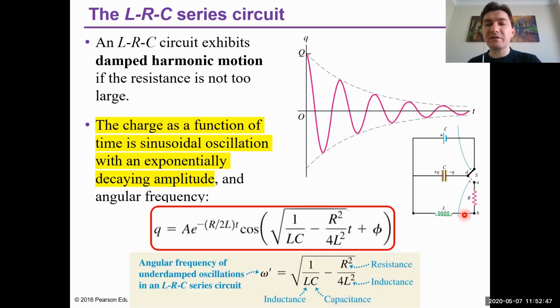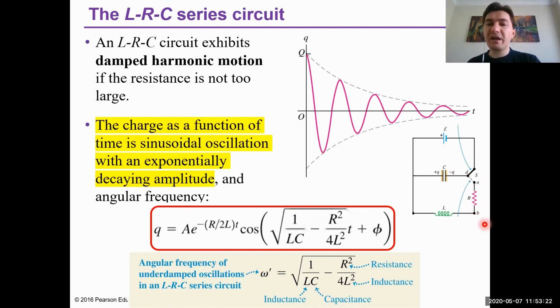In LC circuits without resistance, we have oscillation, but the magnitude of charge, or amplitude, was the same for each condition. But what do you see here? The charge decreases by time. I mean, the magnitude of the charge goes to 0 by time. So the capacitor after a certain time will be fully discharged, okay?